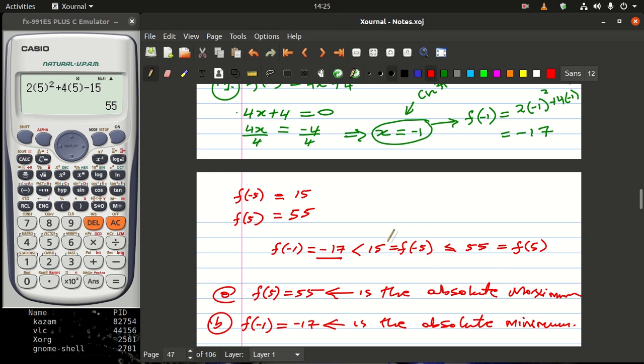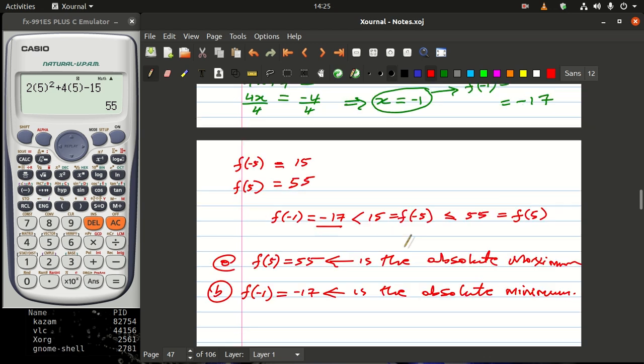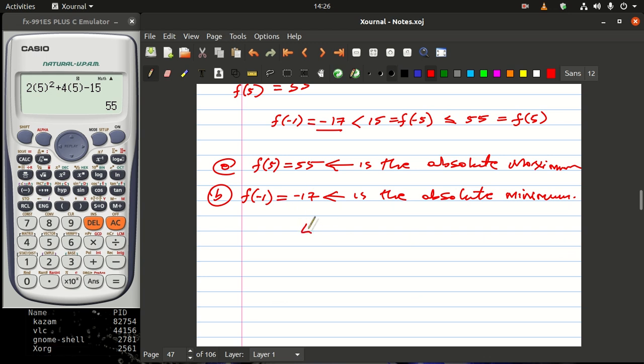I hope you understood this, because we are going to end here for this particular lesson. We talked about the extreme value theorem, Fermat's theorem, and the local extremums, including the local minimum.